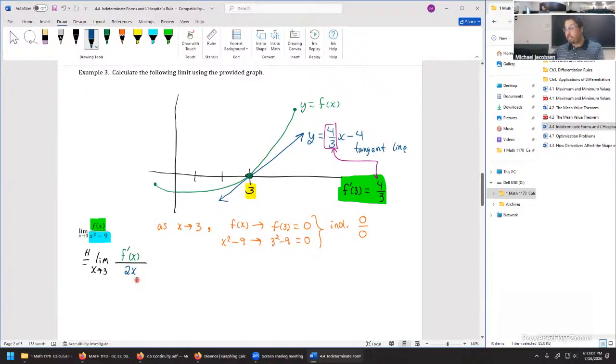And notice when we differentiate the denominator, as x tends towards 3, the denominator now heads towards 6. This is no longer indeterminate. So let's use direct substitution. As x tends towards 3, the numerator is going to tend towards f prime at 3. The denominator is going to head towards 2 times 3.